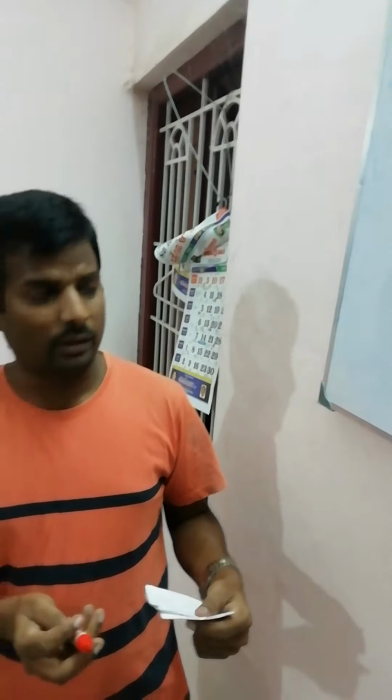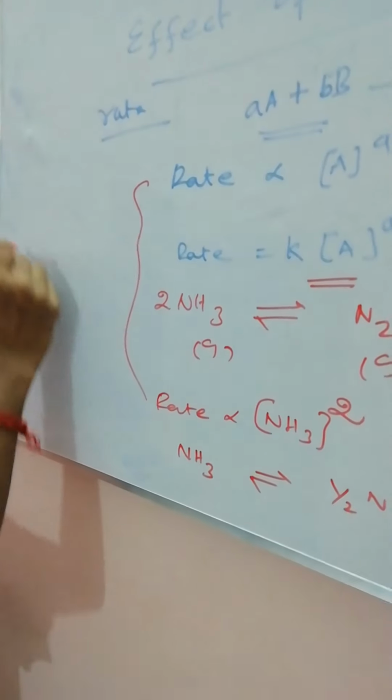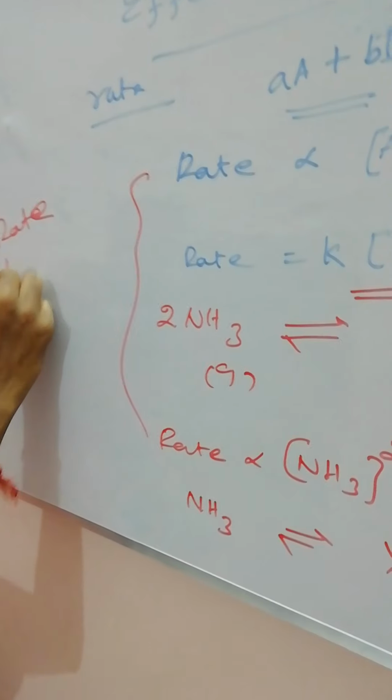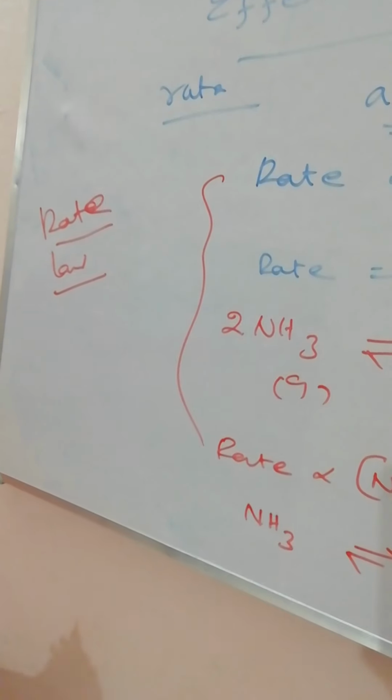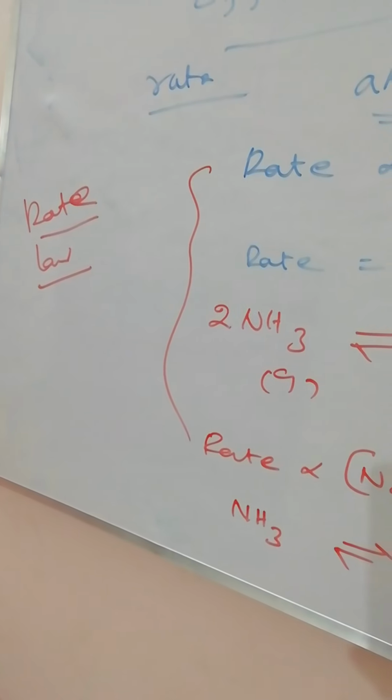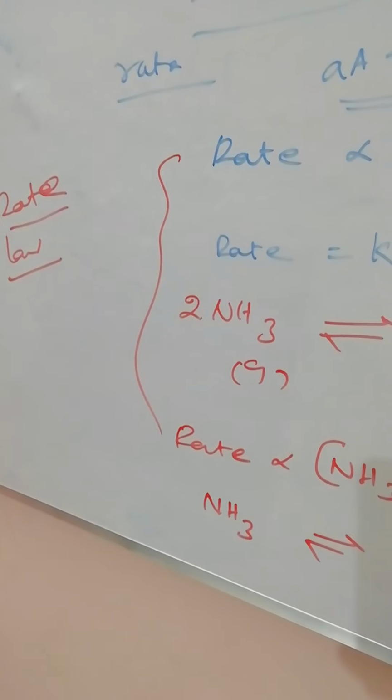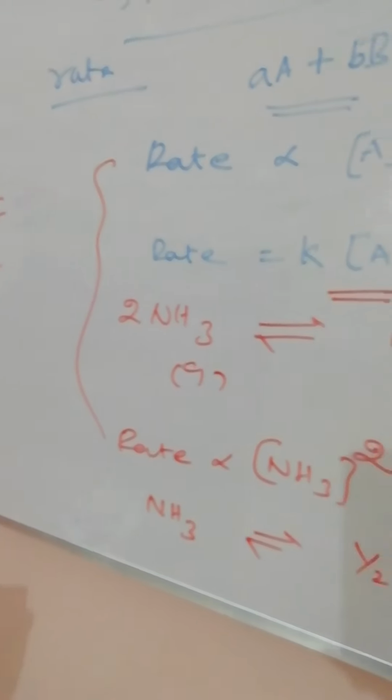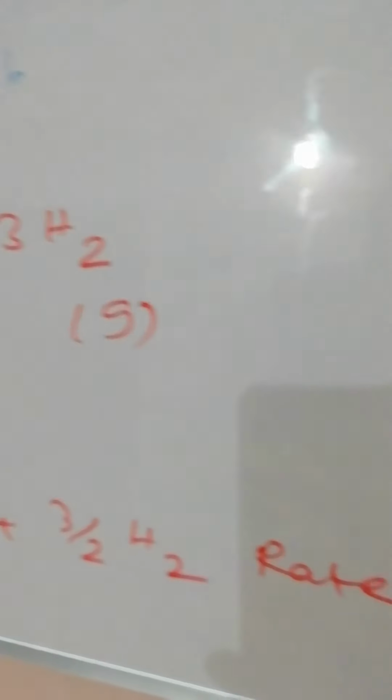So it will produce some confusion. To avoid this confusion, the law of mass action is converted into rate law. Now I am going to discuss the rate law. First I write the definition.